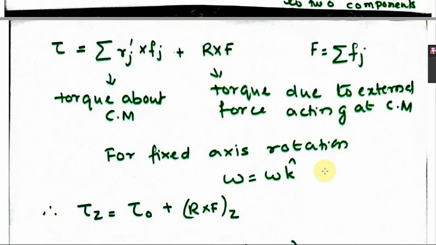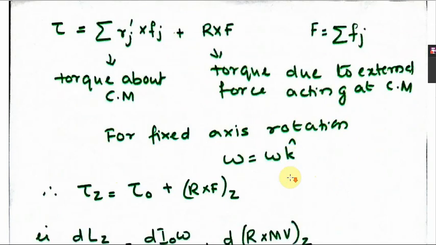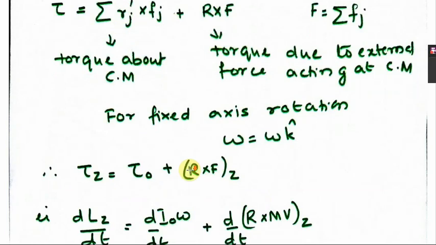For fixed axis rotation, omega is equal to omega k, that means directed along the z direction. So the z component of torque, tau z, equals tau 0 plus R cross F along z direction. This is torque about the center of mass, this quantity.